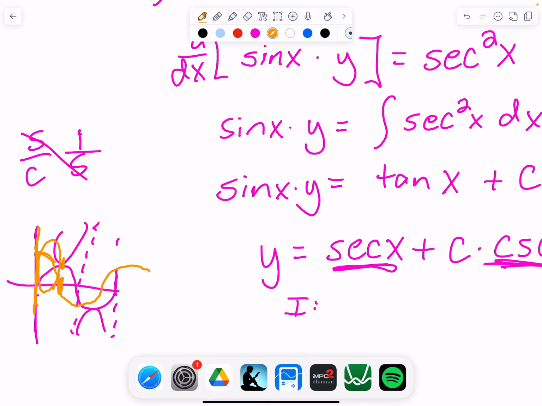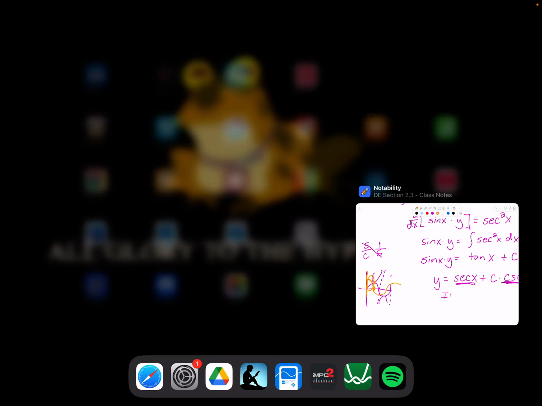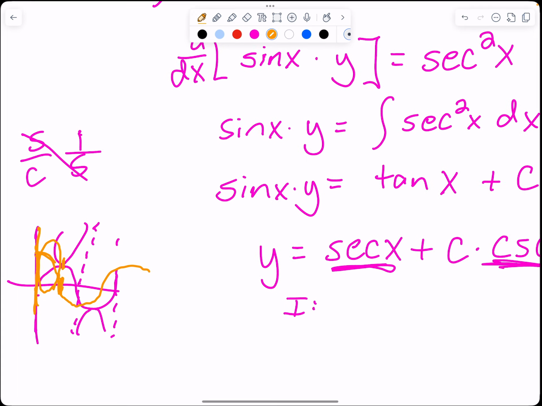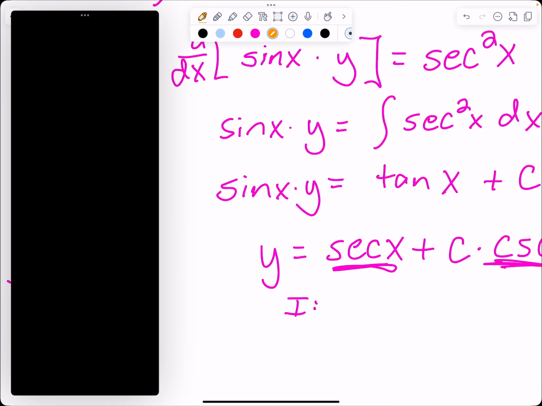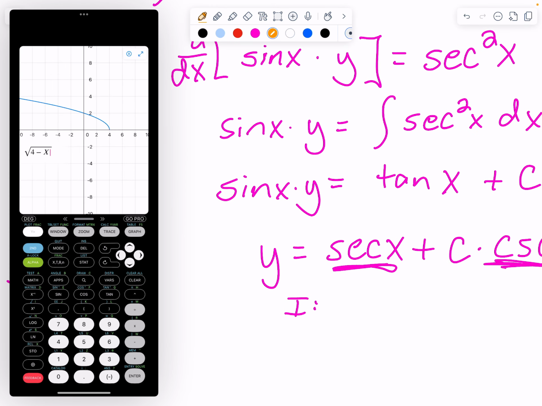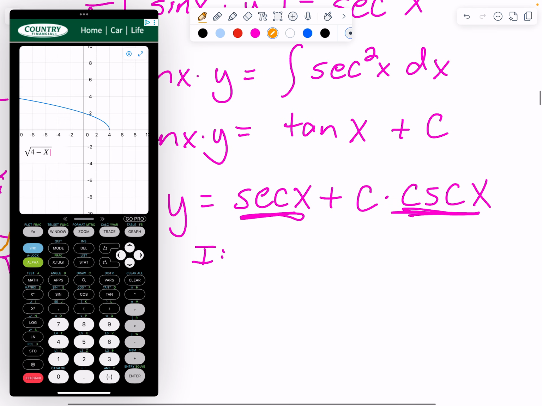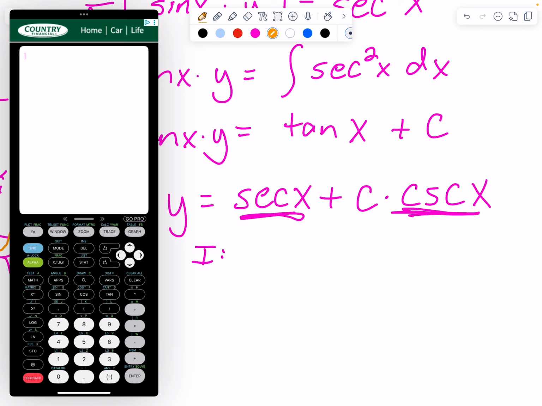Let me go show you on a graph, because that doesn't look good. Okay, I'm going to go to y equals, clear it, and put this function in. Secant, so 1 over cosine x, close it, plus, and I'm just going to let c be 1, I'm not going to change it.